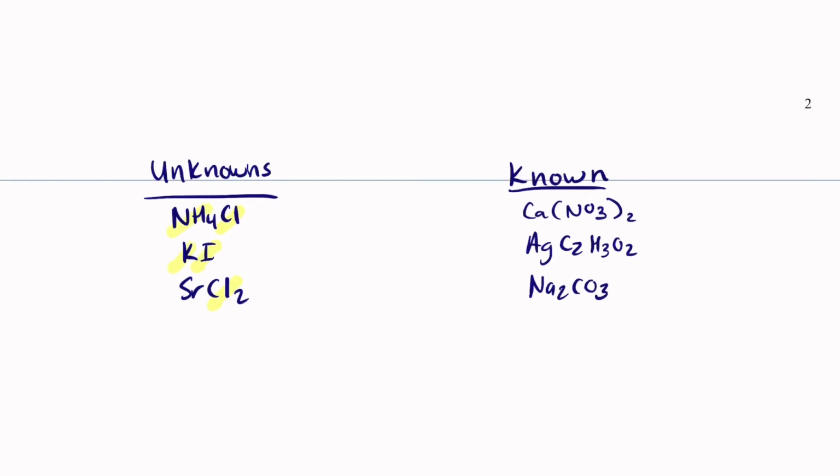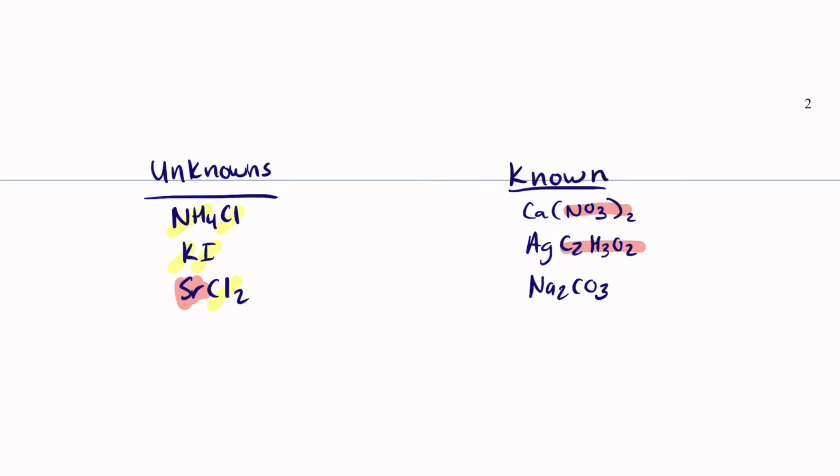So what I'm going to do is think about, okay, strontium here follows kind of a different rule. There's no rule for strontium. And so is there any combination that we could do with strontium that might give us a precipitate? So if we did strontium with nitrate, all nitrates give us no precipitate. So that's not going to be different. If we did strontium with acetate, that's not going to be any different.